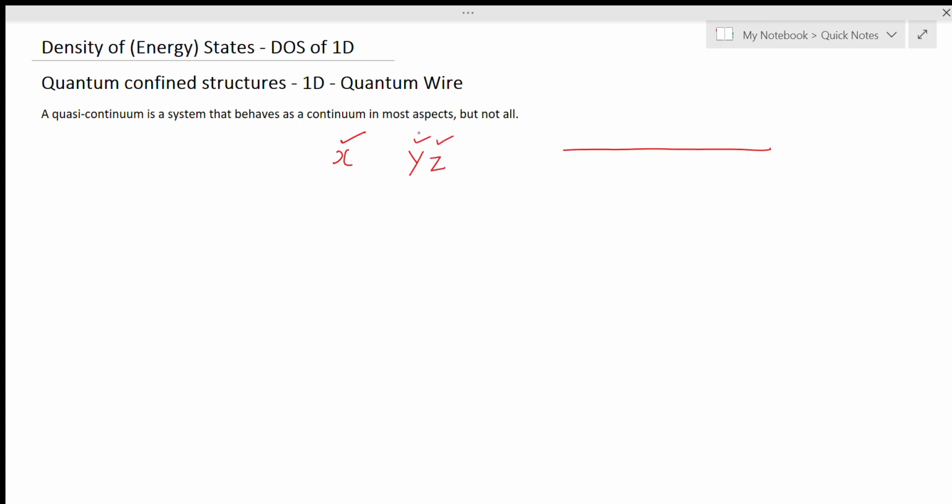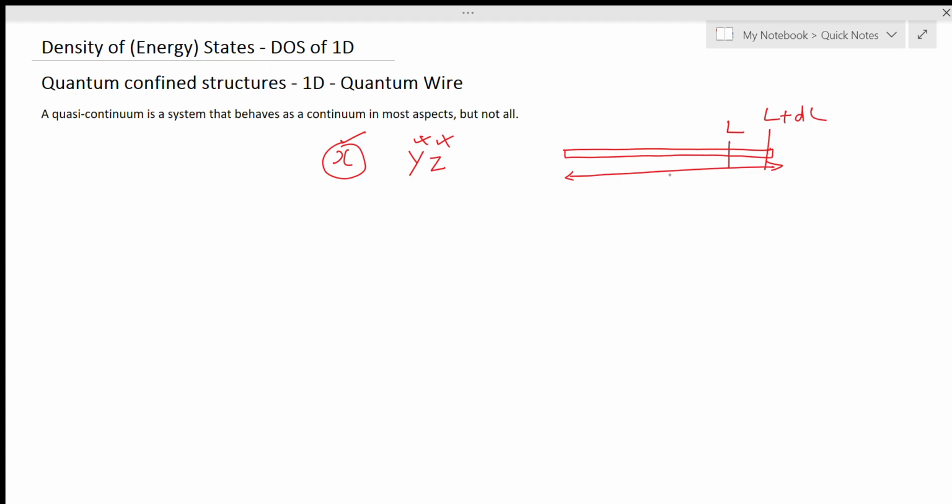Let us consider this wire, a one-dimensional quantum wire. Let the length be taken as L and this is L plus dL.